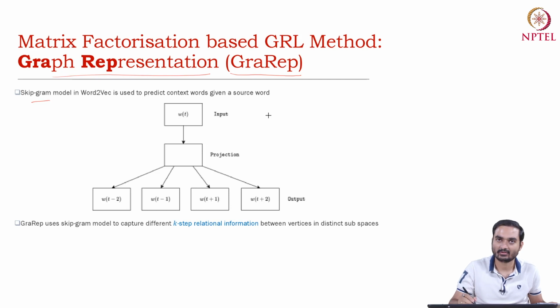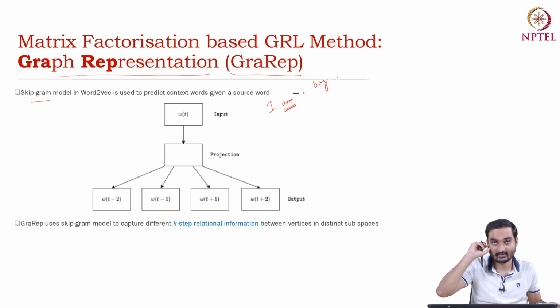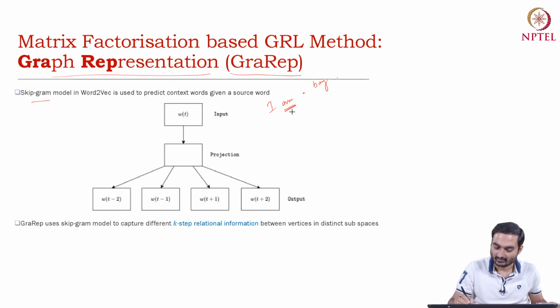In natural language, say, I am a boy, and you want to capture the representation of m, and we define a context. Let us say the context is 2 words before the word m and 2 words after the word m, so this is Wn, this is Wn minus 1, Wn plus 1, Wn plus 2 and so on.